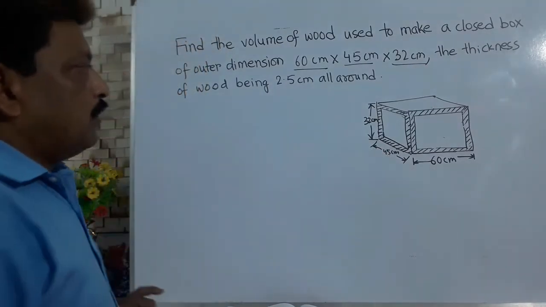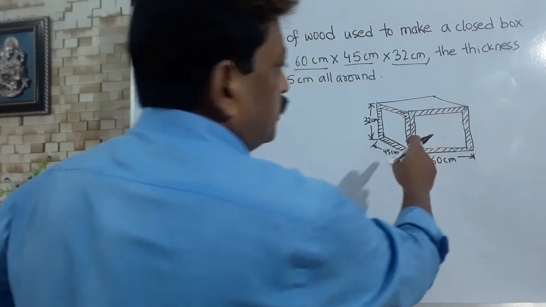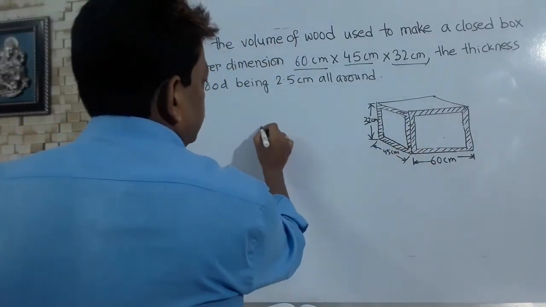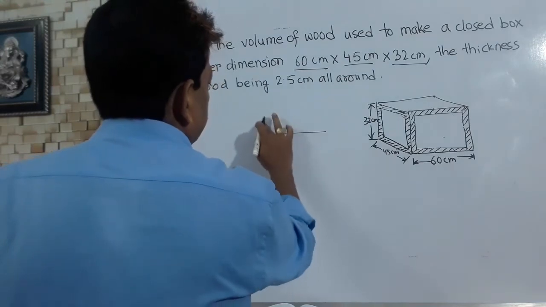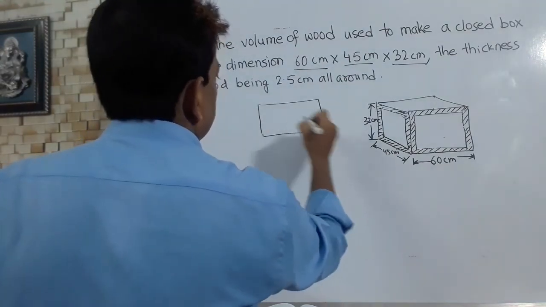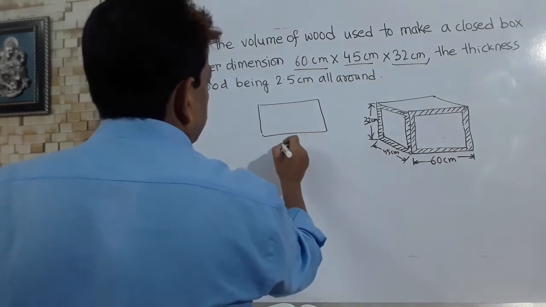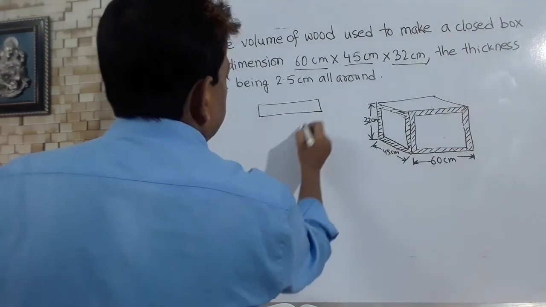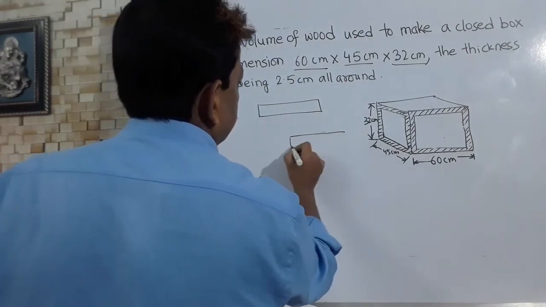Okay. Now this box is made of wood which is 2.5 centimeter thick. This is made of very fine thin plank of wood, suppose like this.